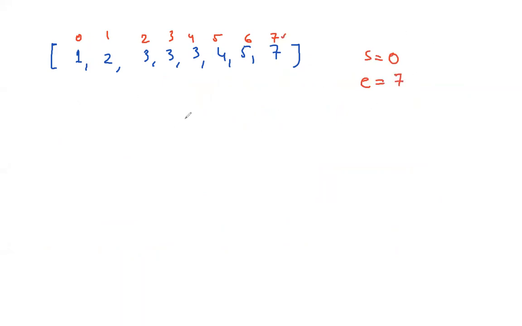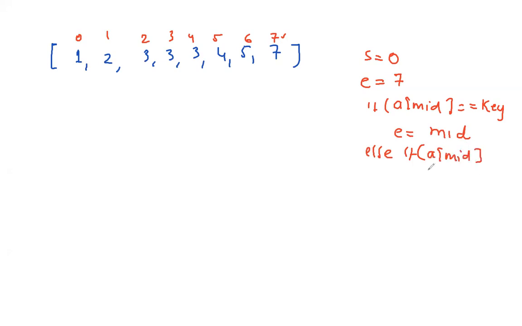Now in this case, I had conditions. If A of mid is equal to key, my end becomes mid. Else, if A of mid is less than key, that means key is greater, so I have to start looking into the right hand part. Else I have to start looking into the left hand part.